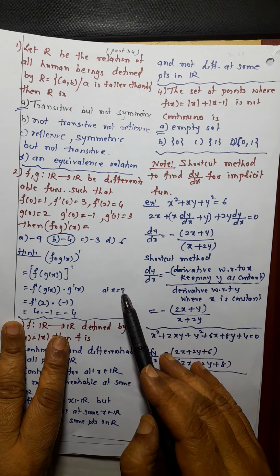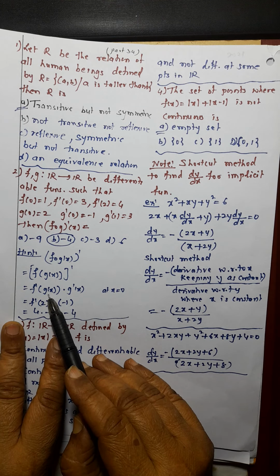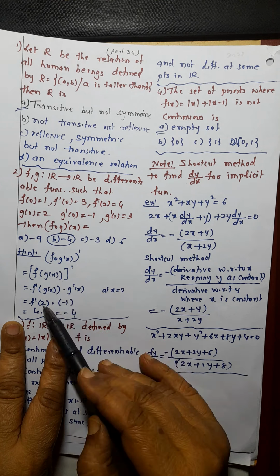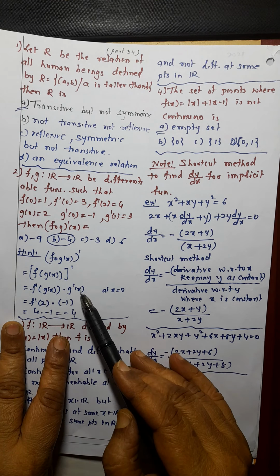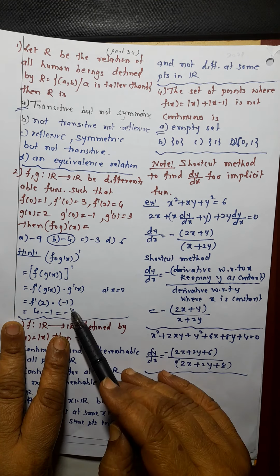If I put x equals 0, g(0) is 2, so it will be f dash 2. And g dash 0 is minus 1, but f dash 2 is 4. So 4 into minus 1, the answer is minus 4 for this problem. This is your correct answer.